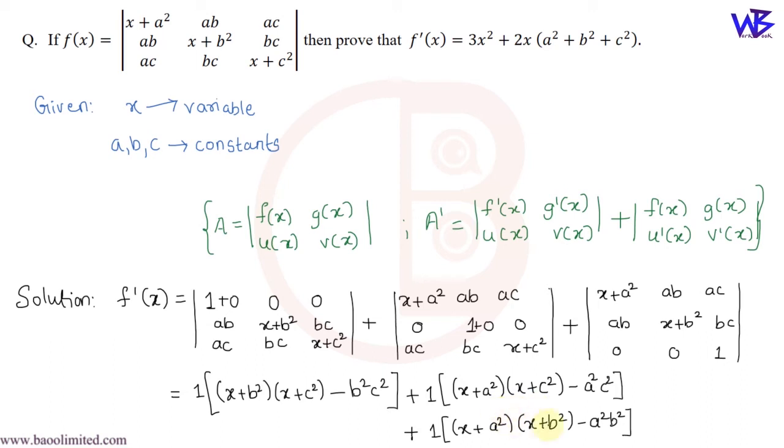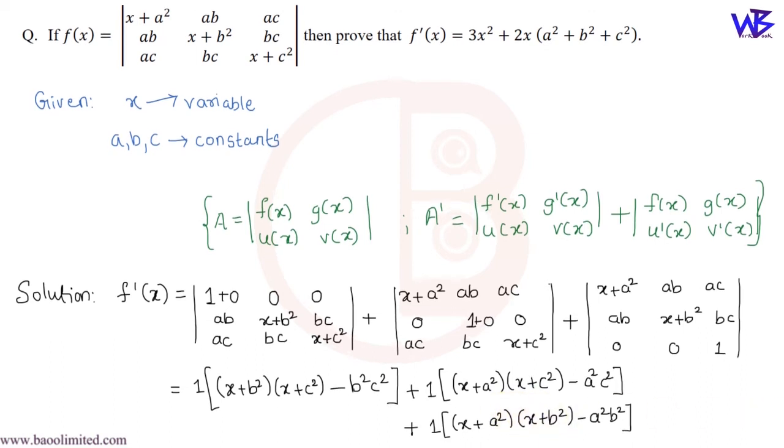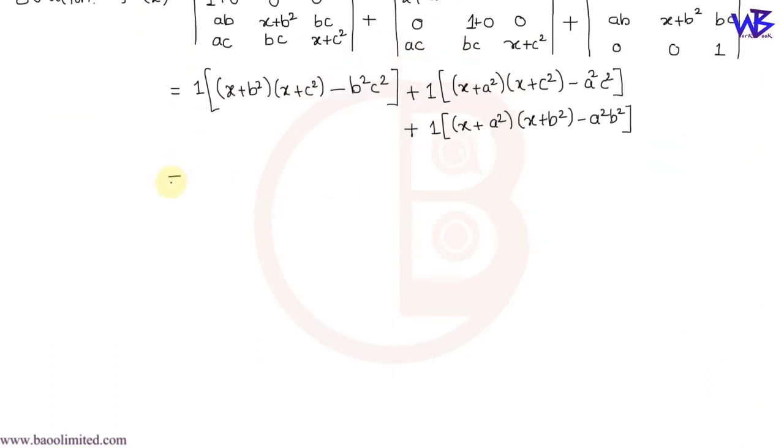These two terms. So moving further and simplifying further, multiply the brackets. X into x gives x square plus x into c square gives xc square plus xb square plus b square into c square minus b square into c square. Also, the remaining terms can be written as.